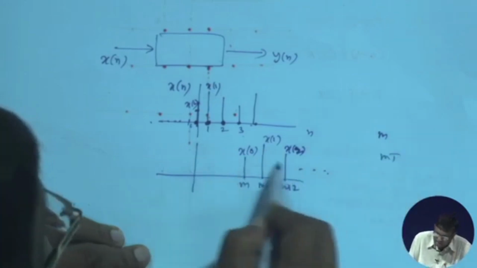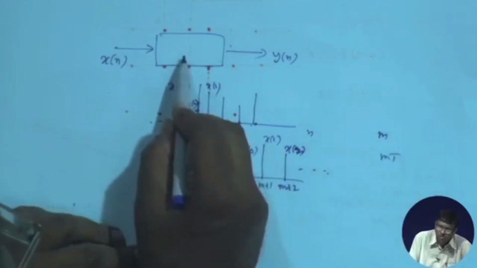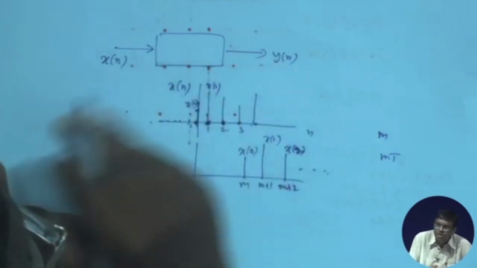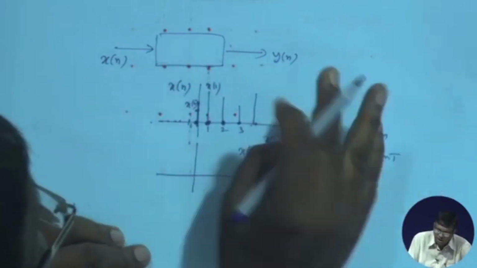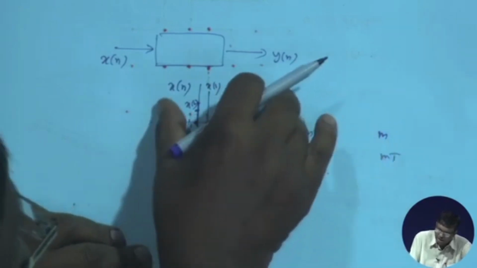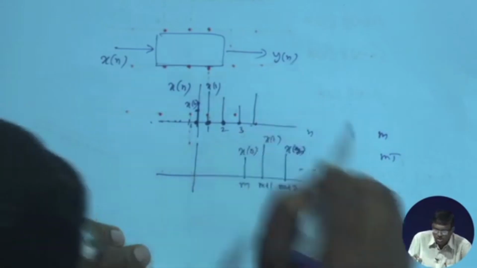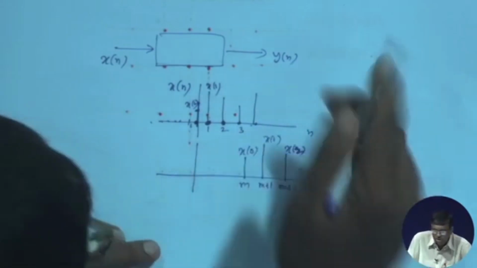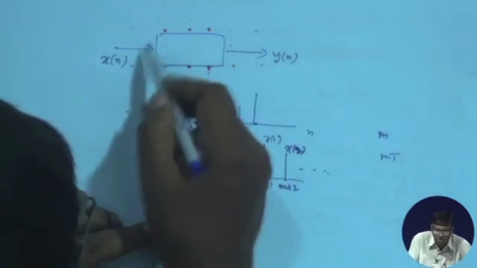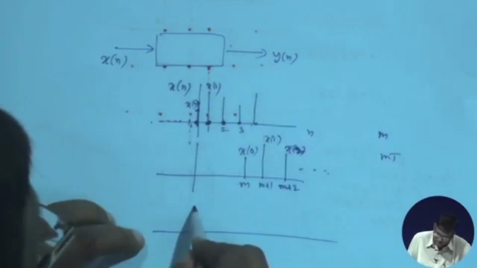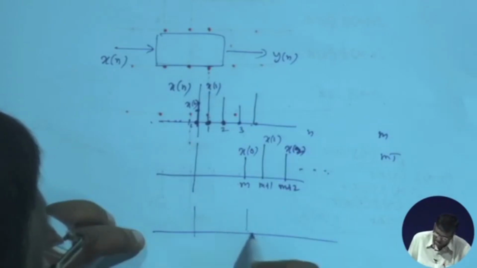If I give this to the input now, what will happen? If the system is such that its property does not change, then instead of giving the original sequence, if I delay it by some amount, the new output will be nothing but of the same type as y n, because the system's property has not changed, but that output will be placed here.